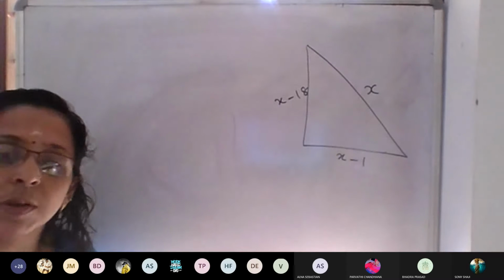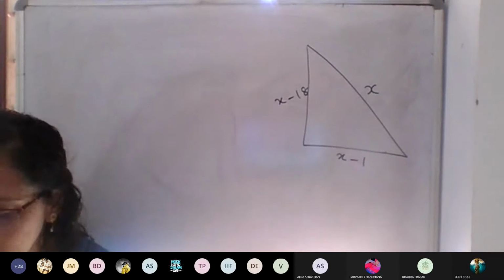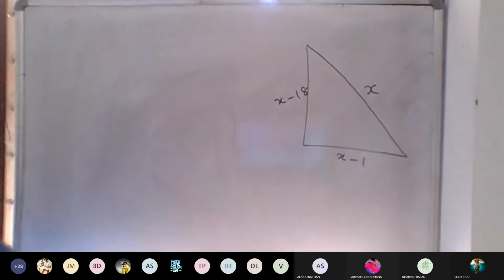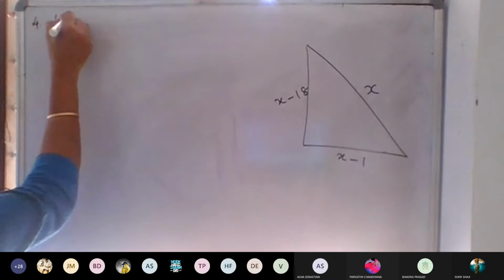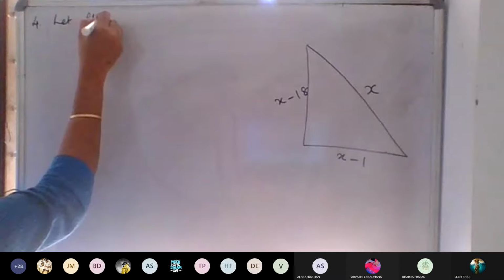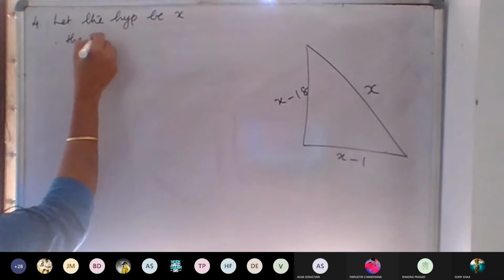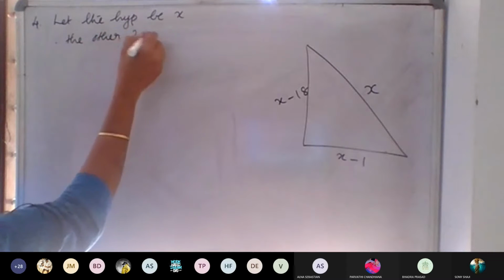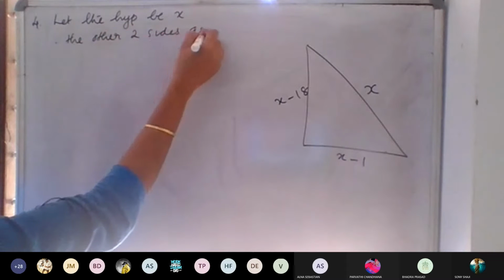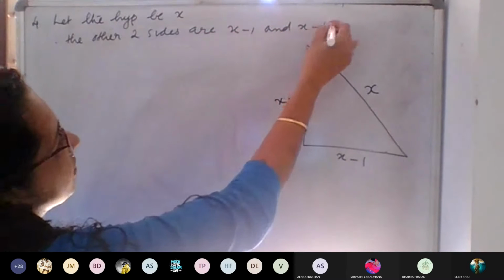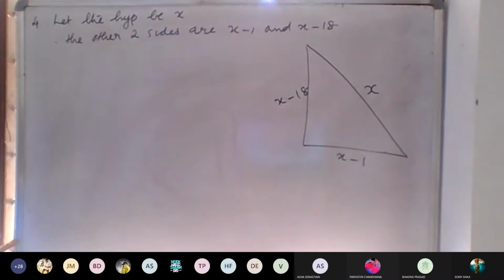Apply which one? Pythagoras theorem. Do it. Start. Let the hypotenuse be x. Therefore, the other two sides are x minus 1 and x minus 18.